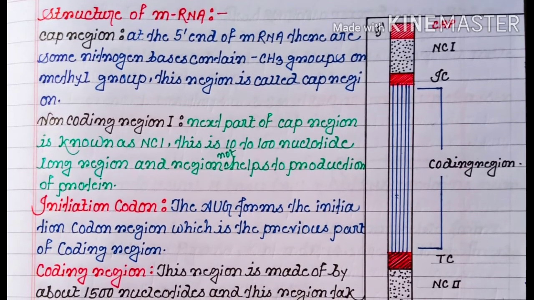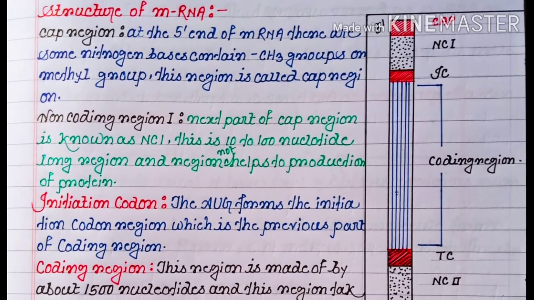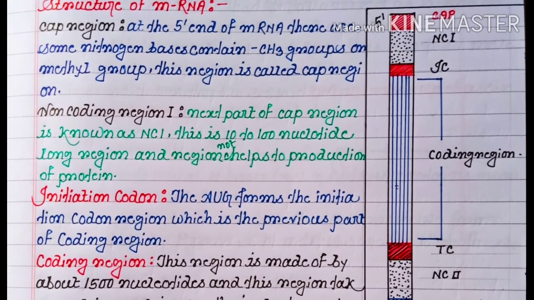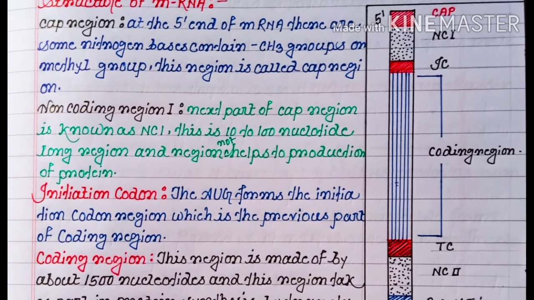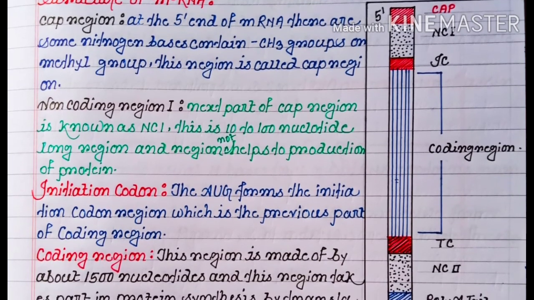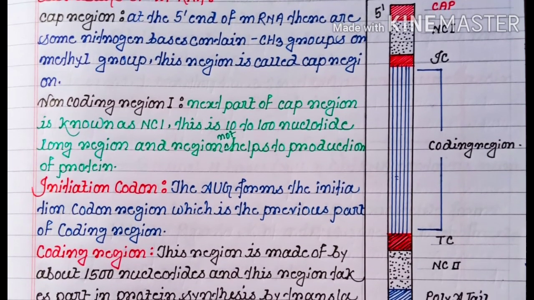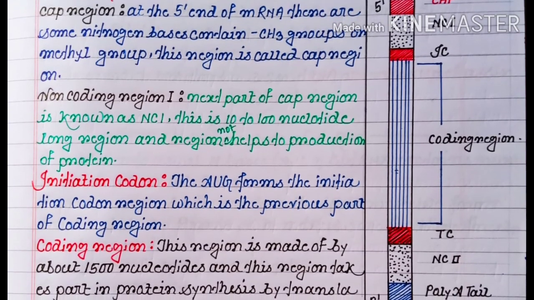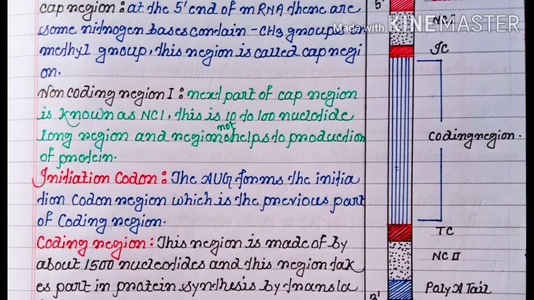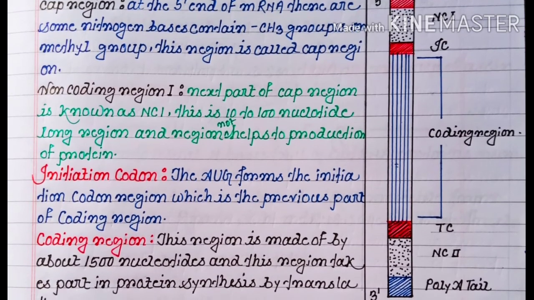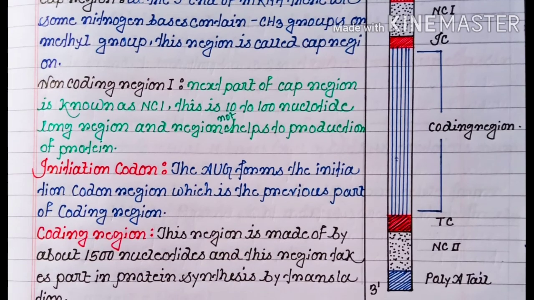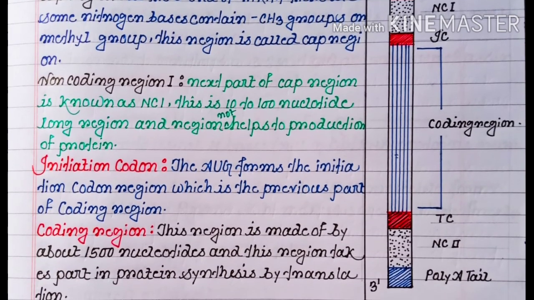Next to the cap region is non-coding region 1, or NC1. This is a 10 to 100 nucleotide long region, and this region does not help during protein synthesis.